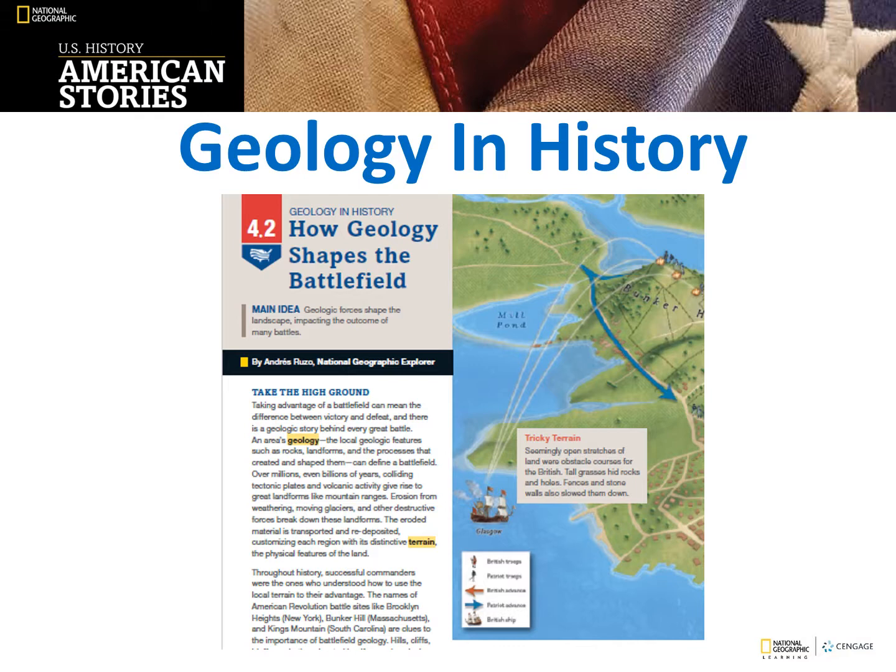This truly is an integrated text. You will see geography and history, STEM connections, literacy connections, and this feature, geology and history. This type of lesson demonstrates how the lay of the land, or the geology, help to determine battlefield strategy.